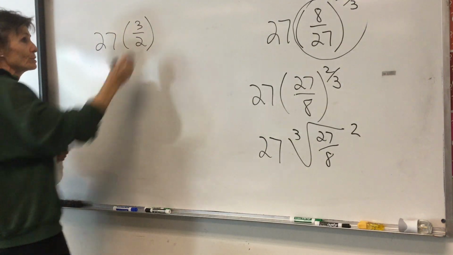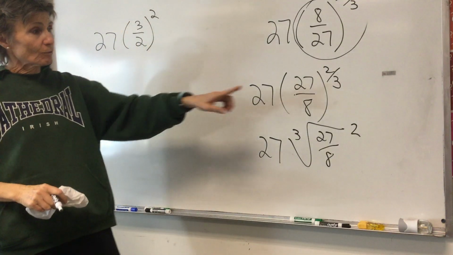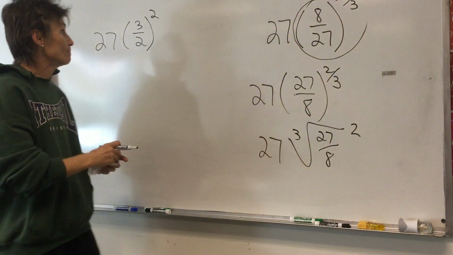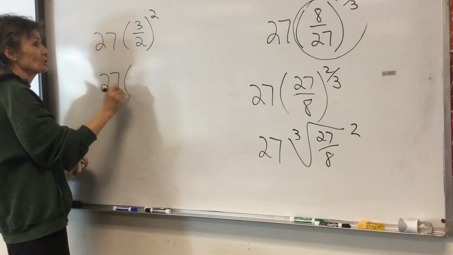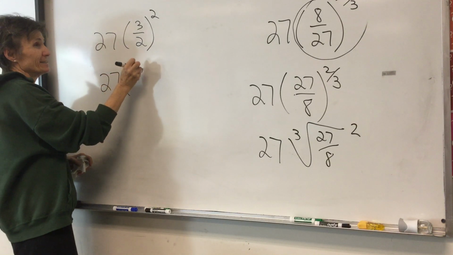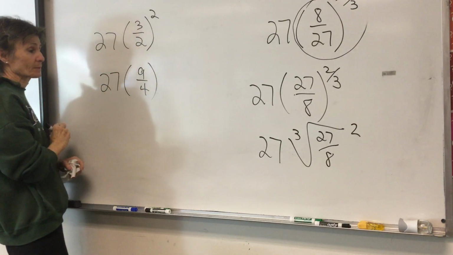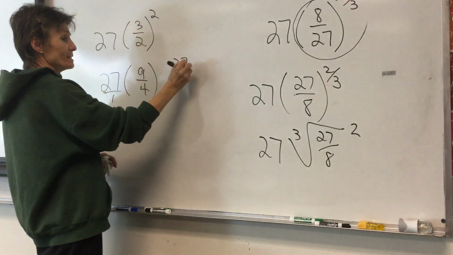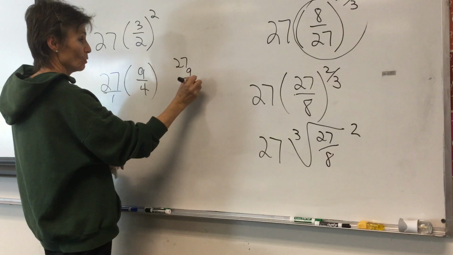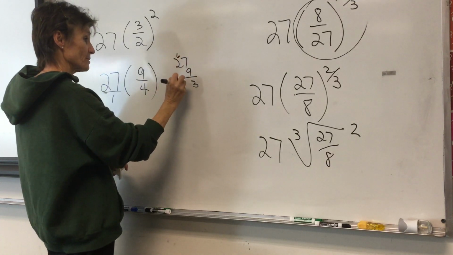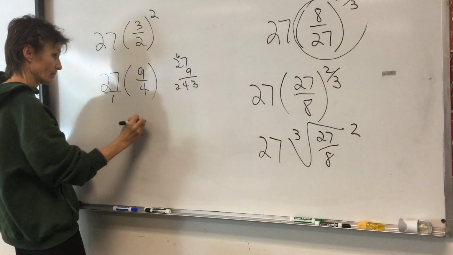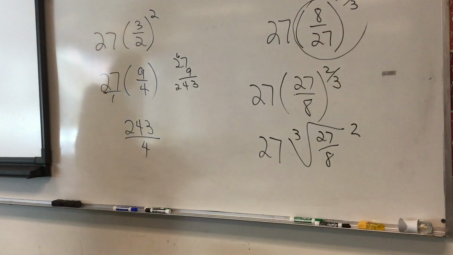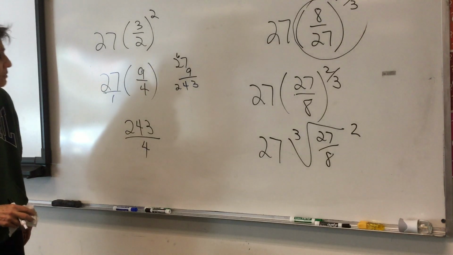That's my cube root, but I still need to square it. Don't forget you got a 2 there, so you did the cube root. Now we got to square it. So squaring that fraction will give me 9/4. And now I'm going to multiply, so 27 times 9 is what? Is that 243? So my answer is 243 over 4 if I multiplied correctly.